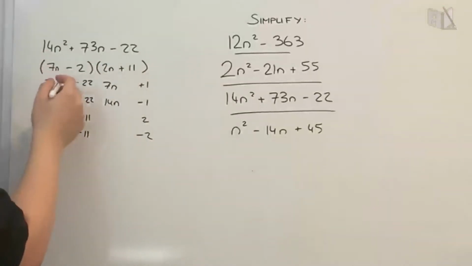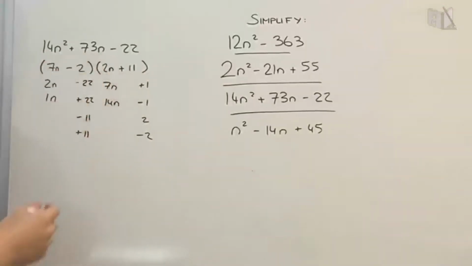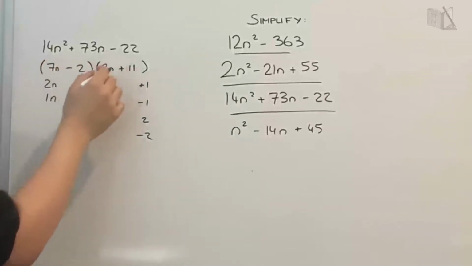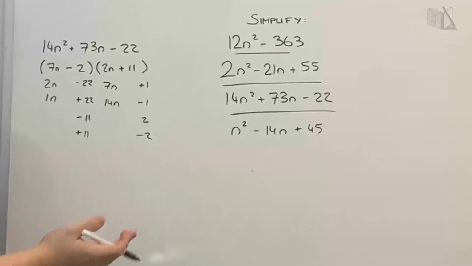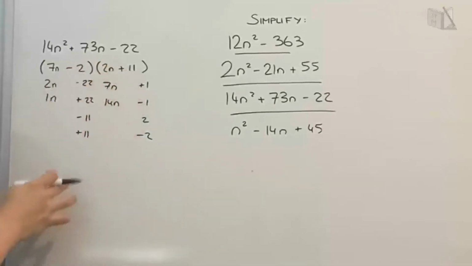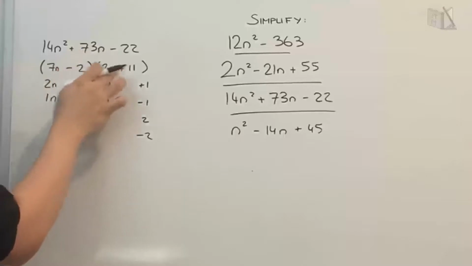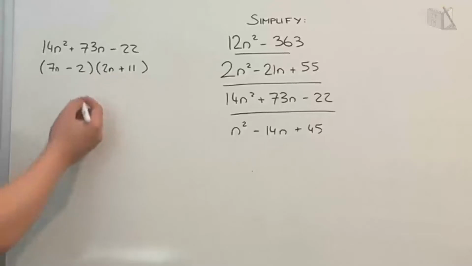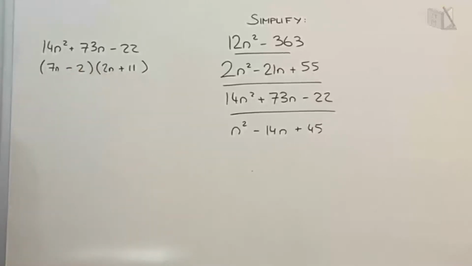Now expand these brackets out and see if they give you the original quadratic: 7n times 2n is 14n squared, 7n times minus 2 and 2n times plus 11 give minus 14n plus 22n, hmm, that is, 77n minus 4n is 73n, and then minus 2 multiplied by plus 11 is minus 22. So these are the correct factors of the quadratic 14n squared plus 73n minus 22.